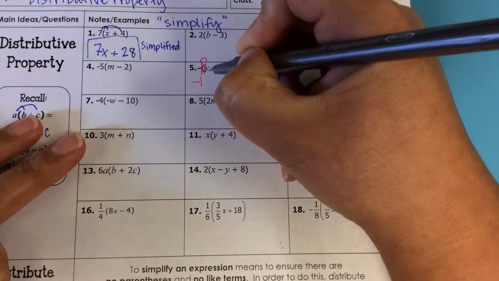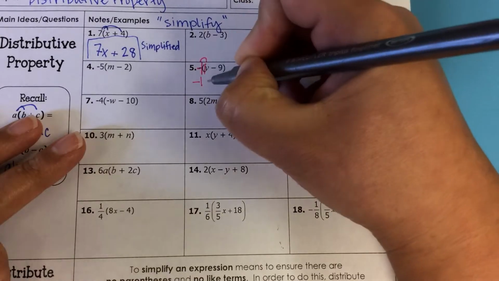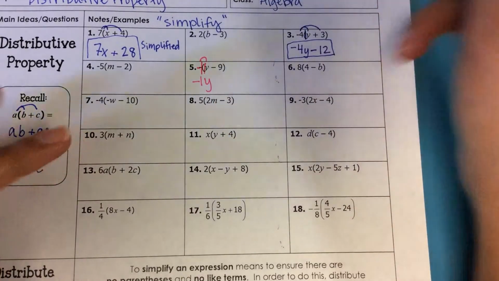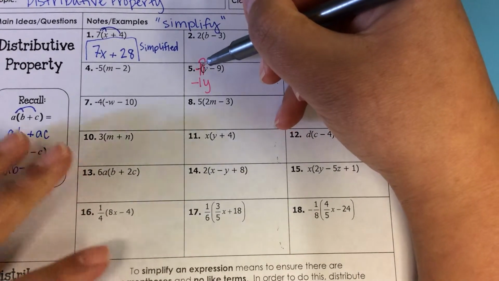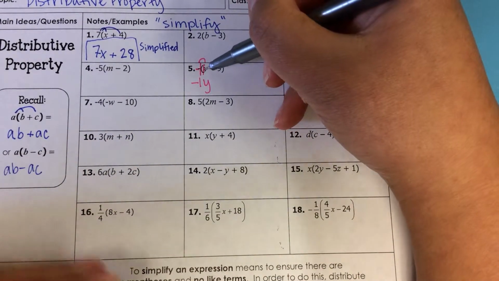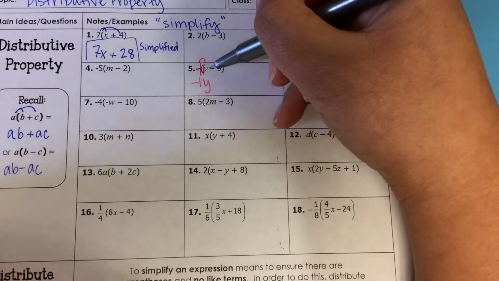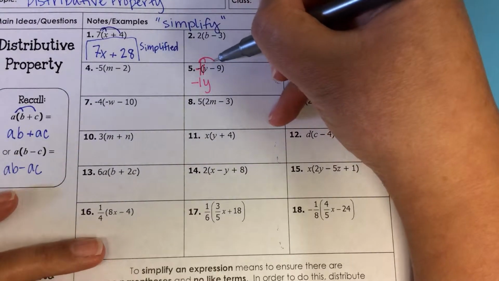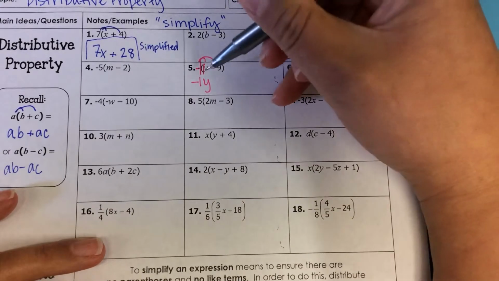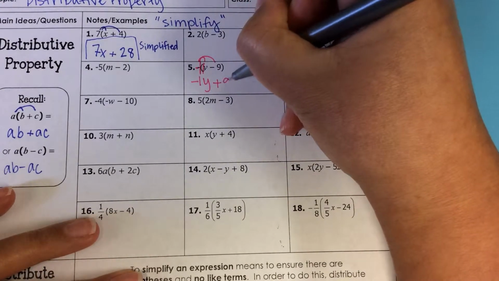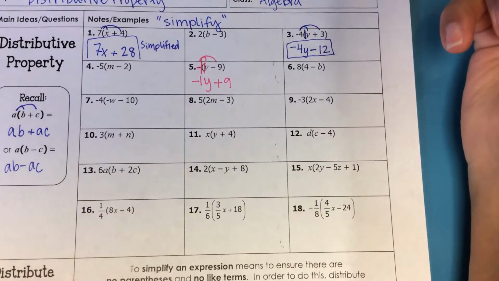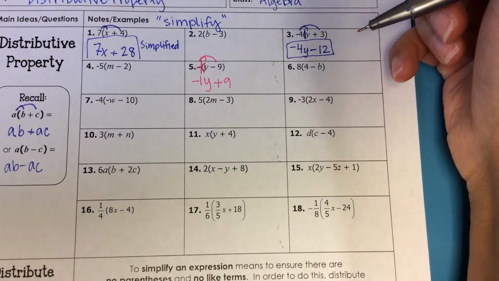And then the 1 inside the parentheses had the y attached to it, so then we bring that out as well. For others, you might see that there's a negative times a y, and it's just straight up negative y. Okay. Then we take the negative 1, multiply it by a negative 9, should give us a positive 9, because a negative times a negative makes a positive.